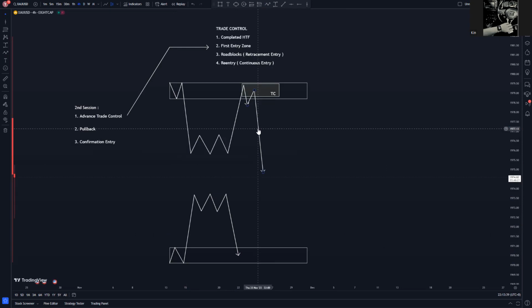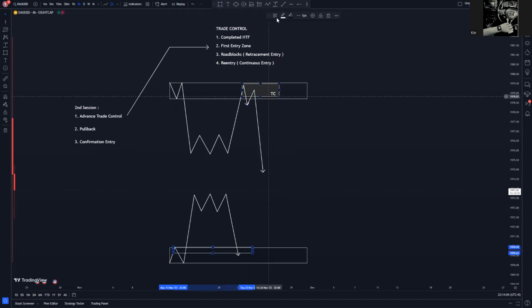Because actually sometimes the price just creates the trade control and then the price just leaves like this. Boom. Right? That's what I say. This drawing is going to be the main line of our system. So when the price gets into the buy zone of H4, of course, if we look back, we're going to have M30 refined zones.